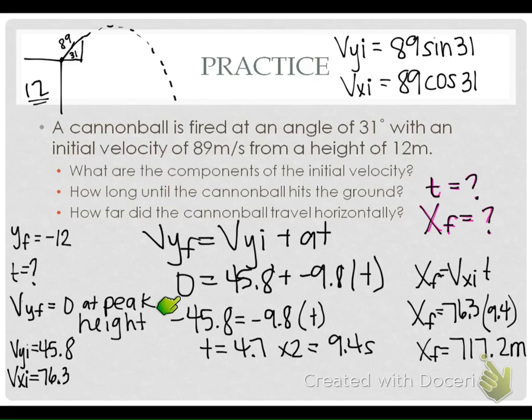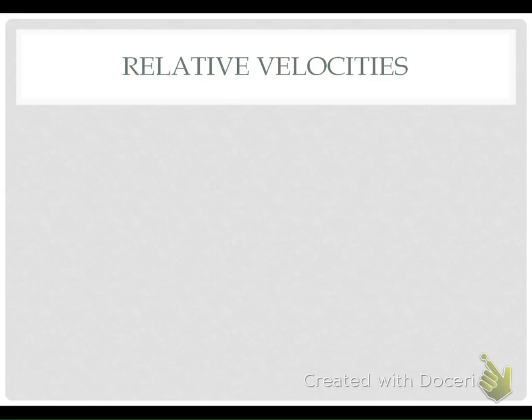We chose 0 because it's at peak height, which means we found our time for the first half of the trip as 4.7. We multiplied it by 2 since we were looking for total time. So time for the whole trip was 9.4. We're going to plug that in over here, multiplied by our initial horizontal velocity to get 717.2 meters as our total horizontal distance traveled. Everyone agree or not so much? That was perfect.